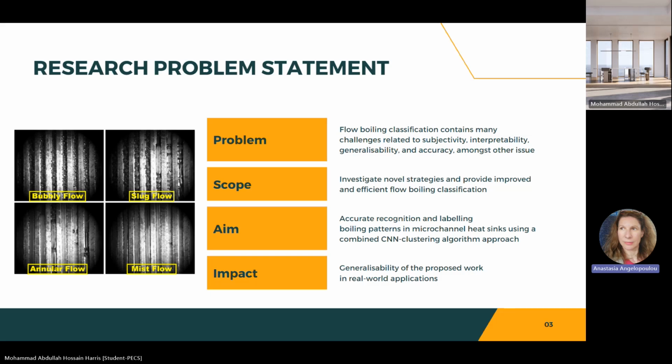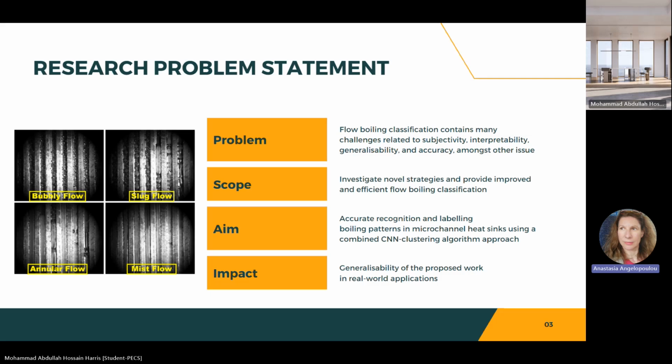So what's the problem? As I mentioned, a lot of it looks similar. So when we're classifying it manually, there are issues with subjectivity, interpretability, and how we generalize all these flow patterns across systems and across different applications. That's the reason we have the scope to investigate new methods to classify and recognize these flow boiling patterns.